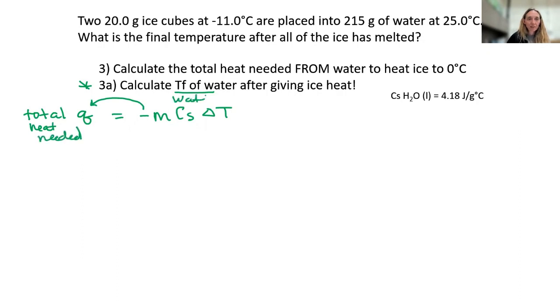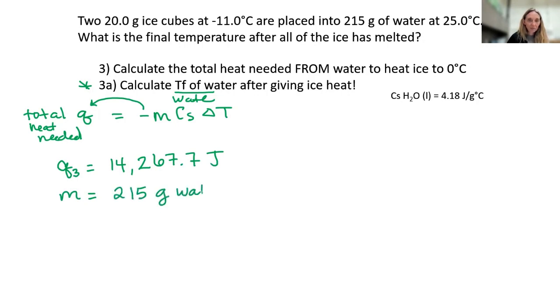This is my water. This is my ice. Okay. From step 3, the heat is 14,267.7 joules. The mass of the water is 215 grams. And that was given up here in the problem.